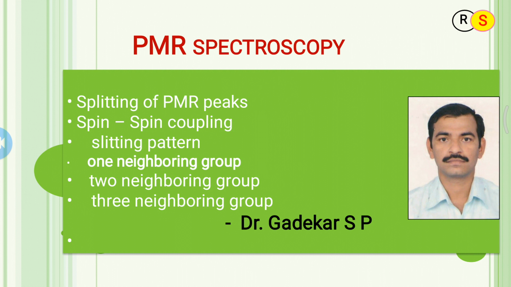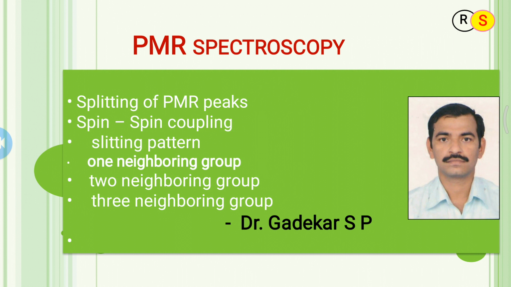If the proton is shielded, its peak position occurs in the high field or upfield. If it is deshielded, its peak position occurs in the low field or downfield. So the peak position totally depends on shielding and deshielding.